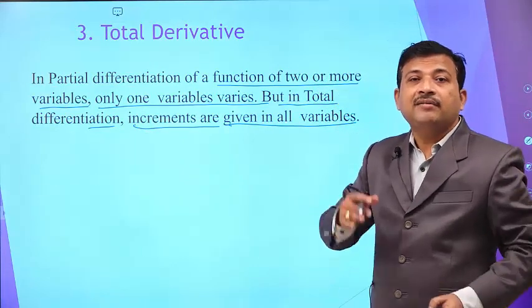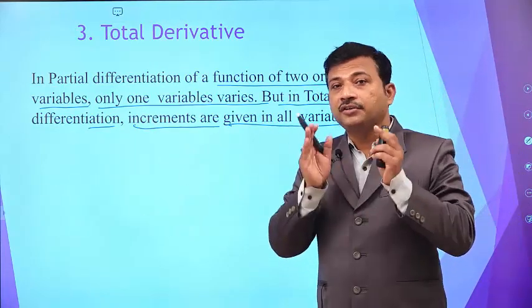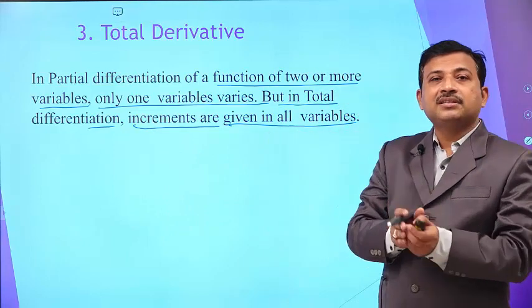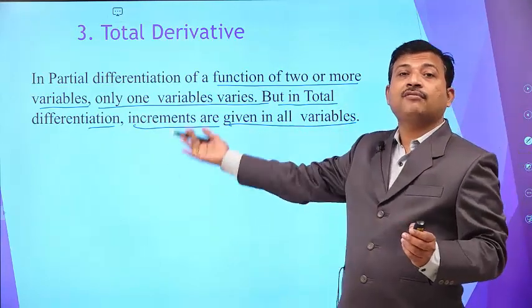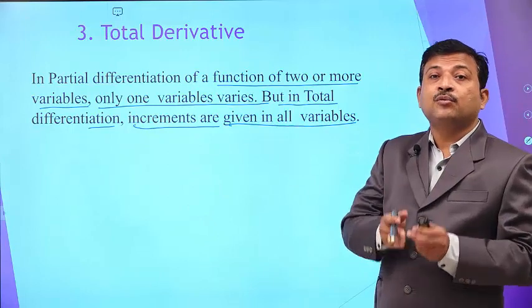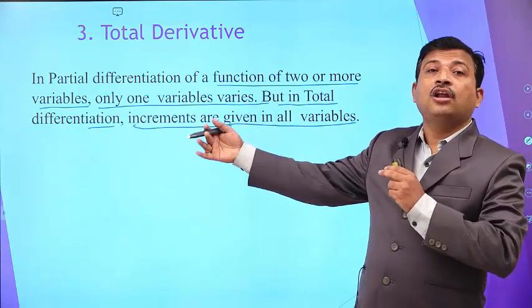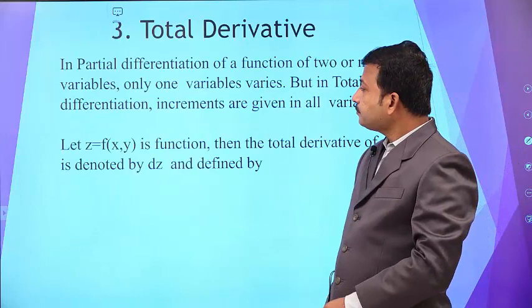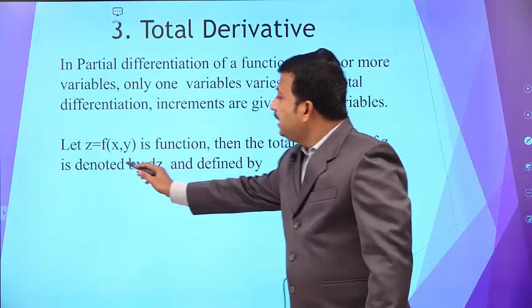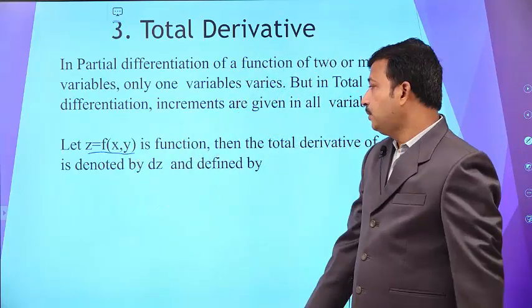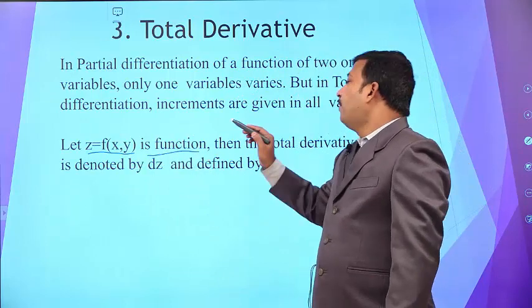So, partial derivative and total derivative, you should feel the difference. Partial derivative means one is changing where the others are fixed, but in the total derivative we are giving an increment to all variables at a time. So let z equal to f(x, y) be a given function.